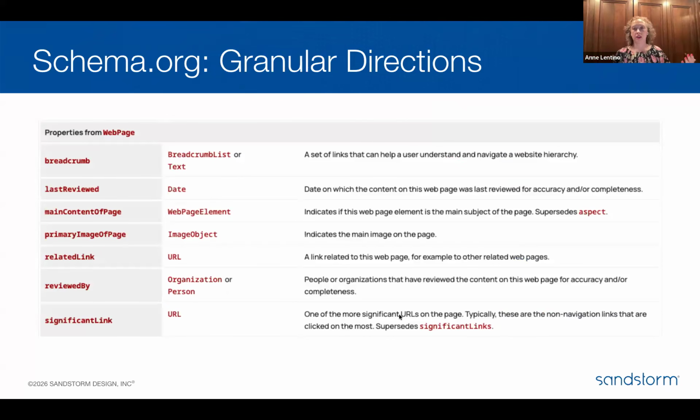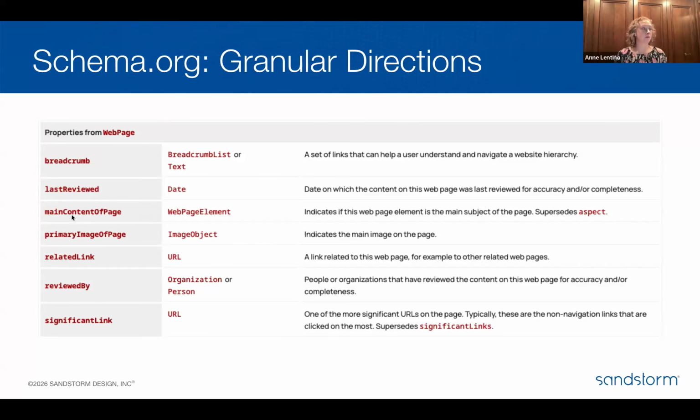So when we dive into a particular schema type, a pretty ubiquitous one is a web page, which is housed under the creative work category. If you dive in, you'll start to see these different references and what we think of as fields. So, for instance, on a web page, you might find a breadcrumb. You might want to look at when the page was last reviewed.